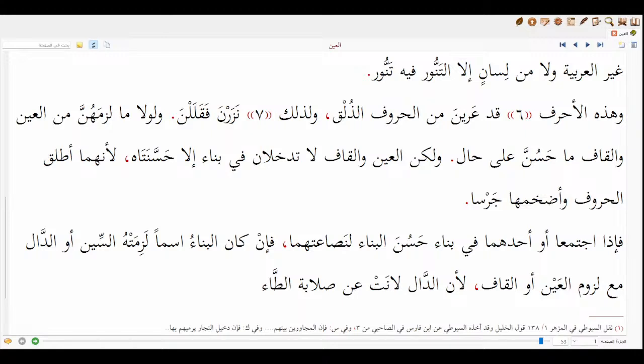فإذا اجتمع أو أحدهما في بناء, so if the qaf and the ʿayn, or one of them, is found in a word form, then حسن البناء لنصاعتهما, the whole form of the word will become beautified because of their nasa'ah. Let's see what the English translation of nasa'ah is.